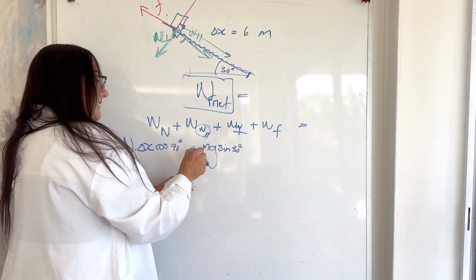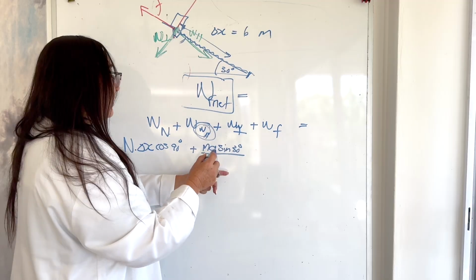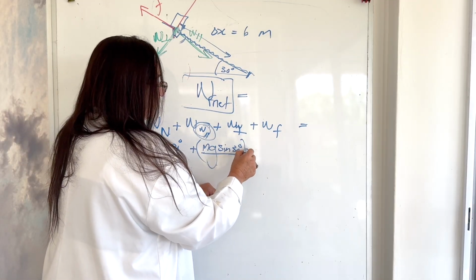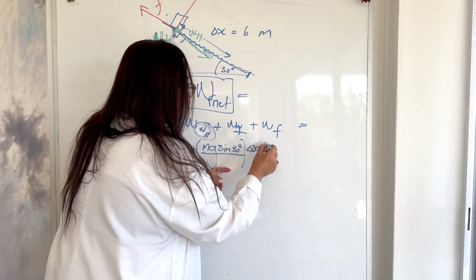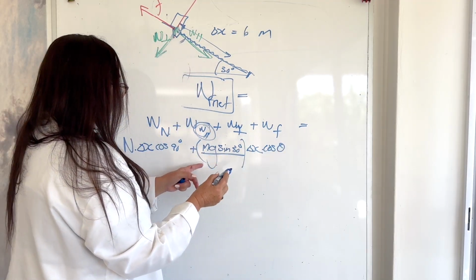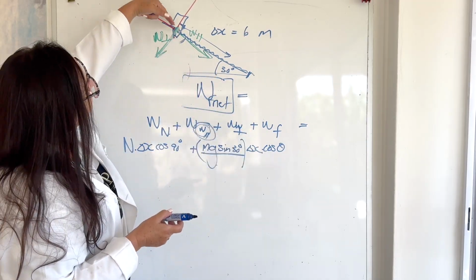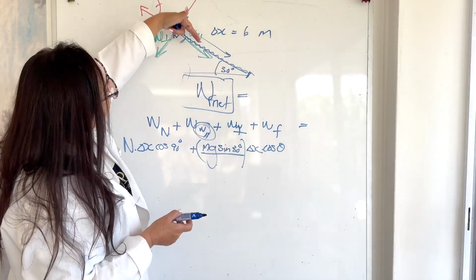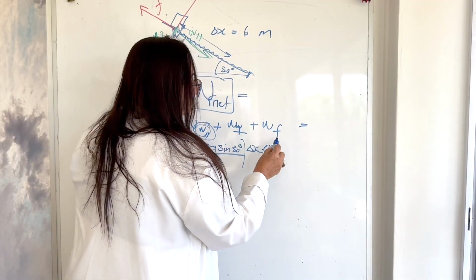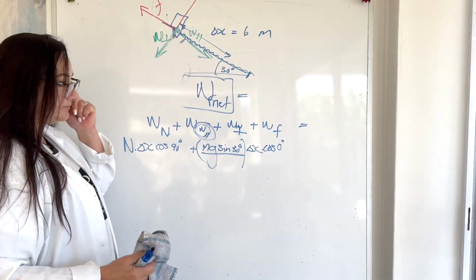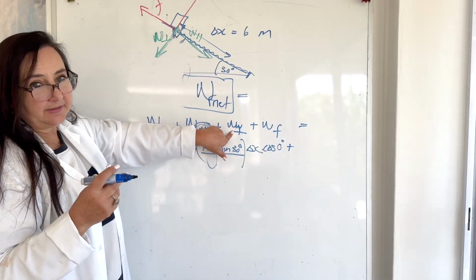But remember, that is now only my weight parallel. Now I still have to say times delta x to get to the work done times cos theta. So in this regard, my cos theta is going to be, because that component of weight and my displacement operate in the same direction, cos 0 degrees, plus the weight perpendicular.